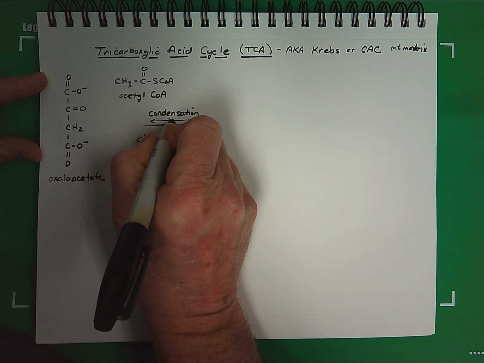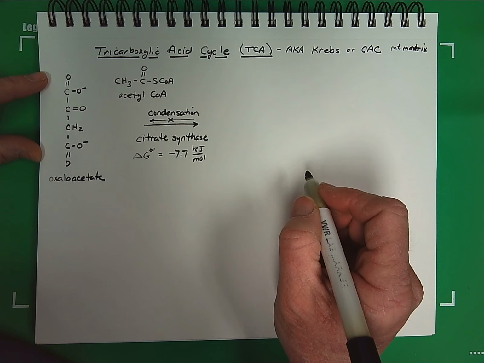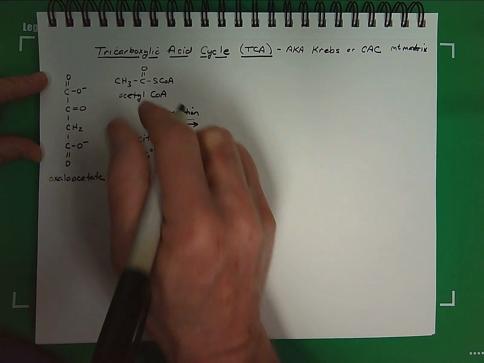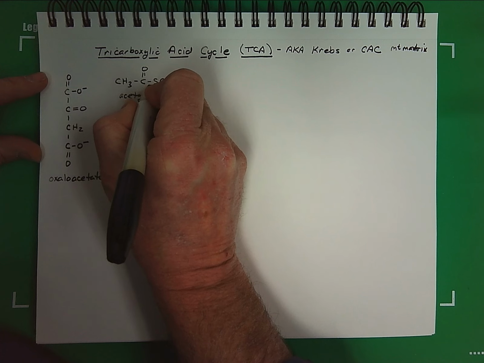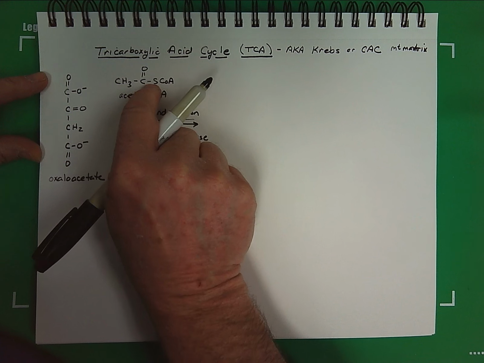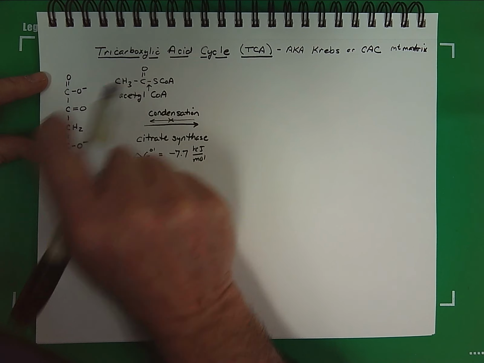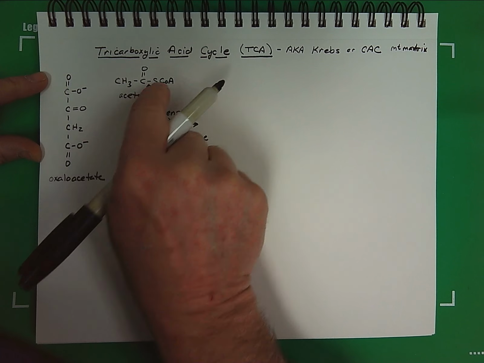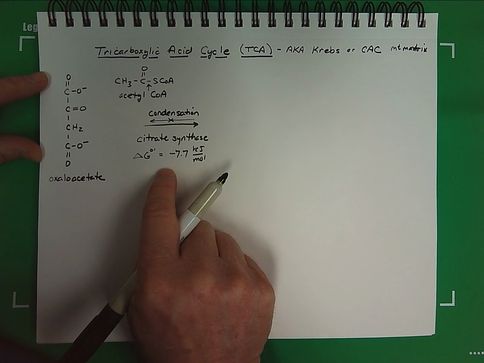So the reverse of this reaction is not biochemically possible in the cell. Where the energy comes from is the hydrolysis of this carbon-sulfur bond. Always remember that when we have acetyl-CoA on the carbonyl, this is a high energy bond. So the breaking of this bond is going to be the energy that drives this reaction.